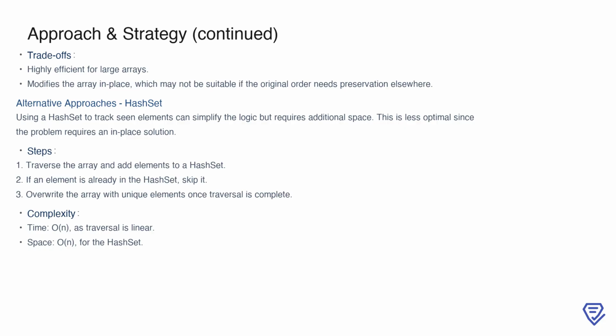However, it requires additional memory to store the hash set, which violates the problem's constraint of performing the operation in place. The hash set approach involves traversing the array, adding elements to the set, and then reconstructing the array with only unique values. While the time complexity remains O(n), the space complexity increases to O(n), making it less optimal compared to the two-pointer method.